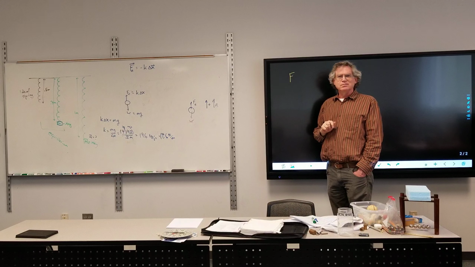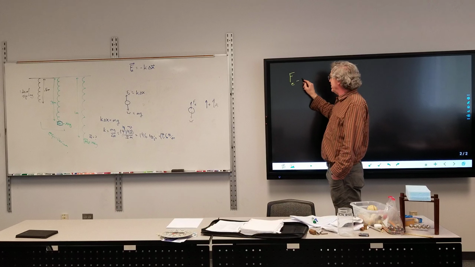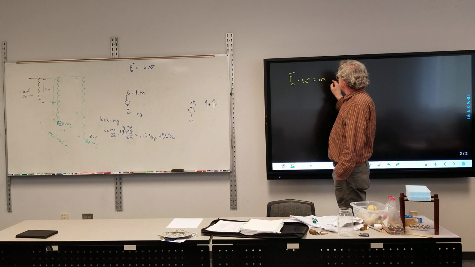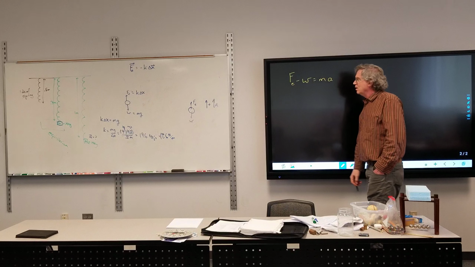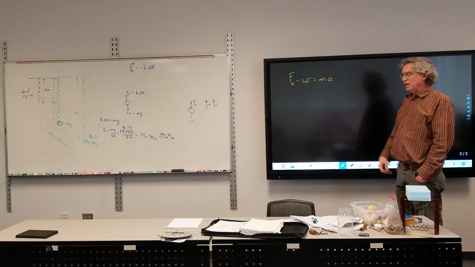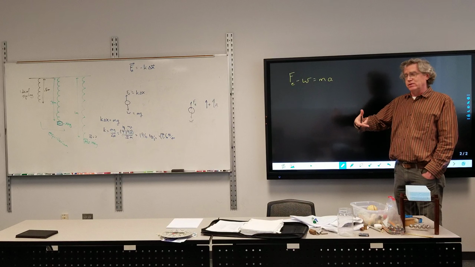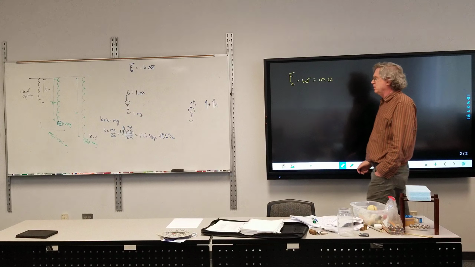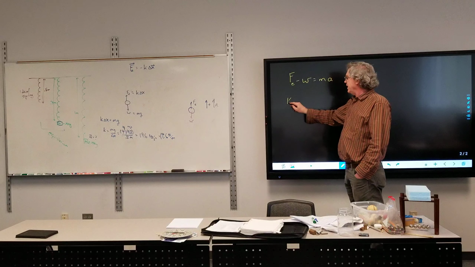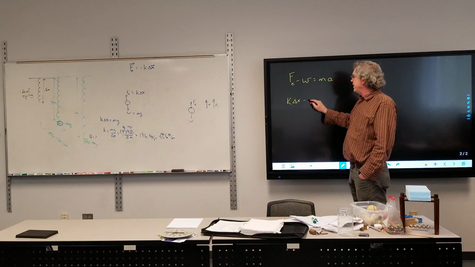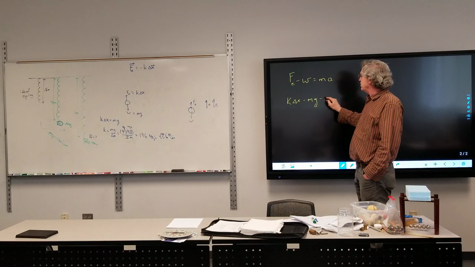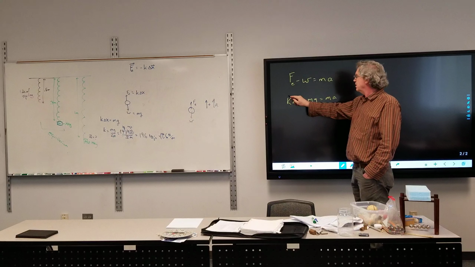FE minus W is equal to MA. If we get a positive value, then A is indeed in the direction we assumed. If we get a negative value for the acceleration, then it's in the other direction and something seems off. All right, so I know this is equal to K delta X minus MG equals MA.